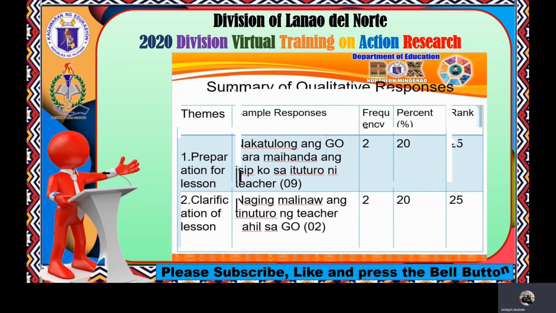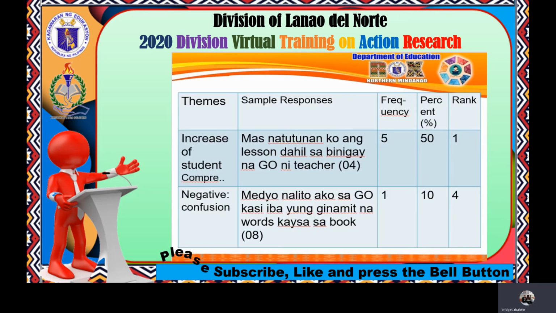Okay. Another theme, increase of student comprehension. So sample responses: mas natutunan ko ang lesson dahil sa binigay na graphic organizer ni teacher. So in this kind of theme, there are 5 students who answer or related or similar in this kind of theme or category.